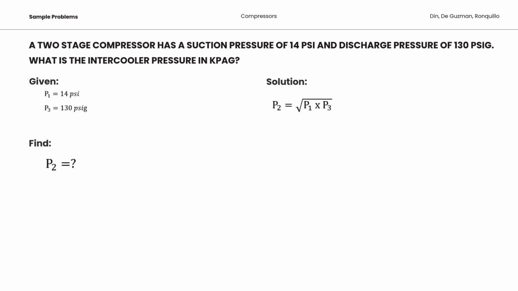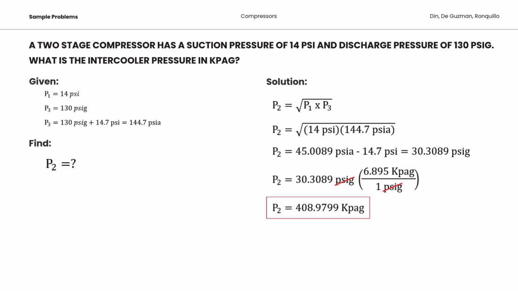To find the second pressure, we have to use the formula P2 is equal to the square root of the product of the first pressure and the third pressure. Before we can substitute the given to the formula, as you can see, the first pressure and the third pressure have different measurements. The first pressure is in psi, while the third pressure is in psi gauge.